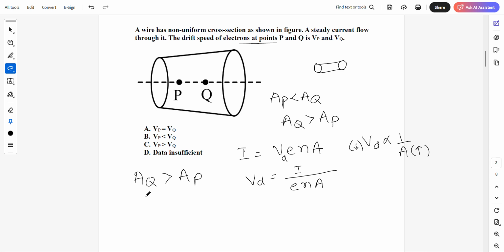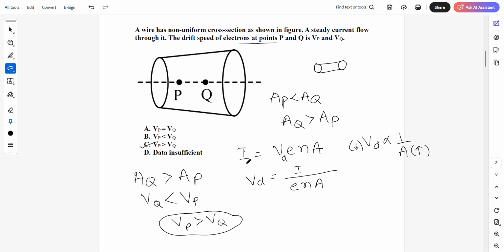Therefore drift speed of Q will be less than drift speed of P. Therefore here v_P will be greater than v_Q. This is the right answer.